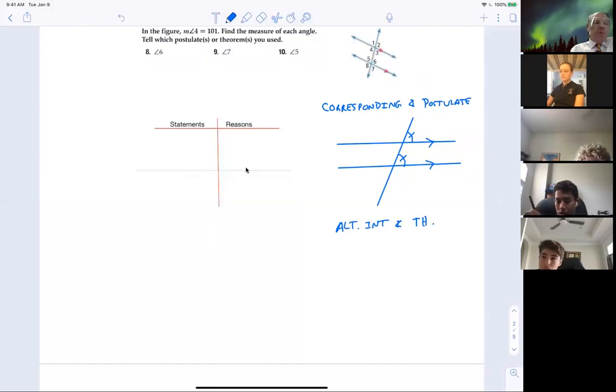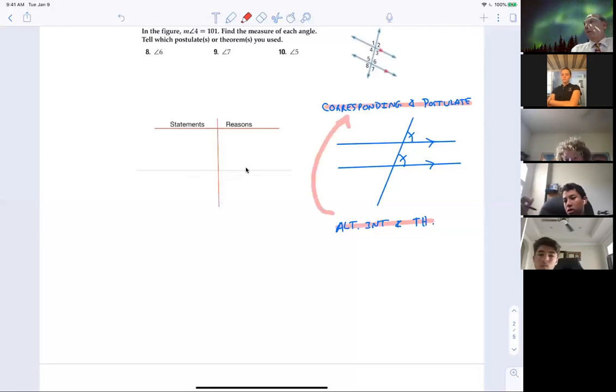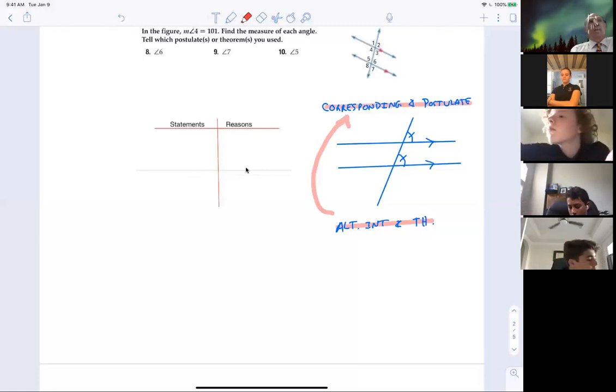Now, what's bizarre to me, which I pointed out to my geometry teacher, was this. You're telling me this cannot be proven, but to prove the alternate interior angle theorem, you're going to use the corresponding angle postulate. Right? That didn't make sense to me. Does everybody agree with that? Does everybody see the weird thing about that?